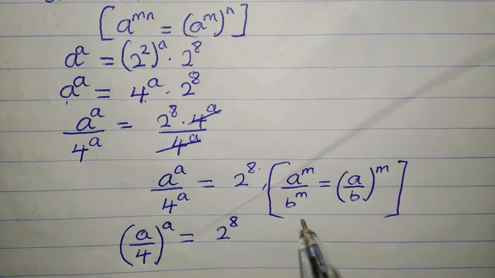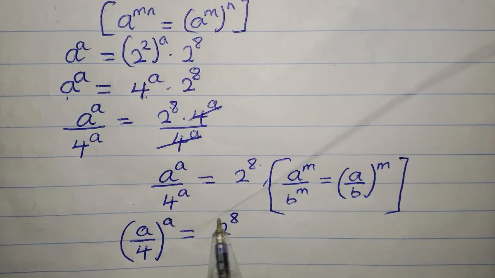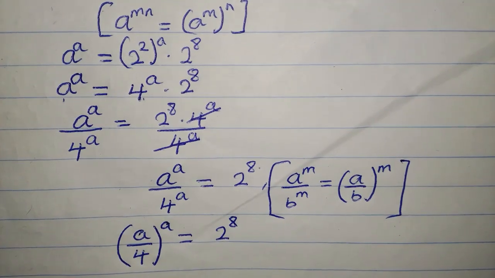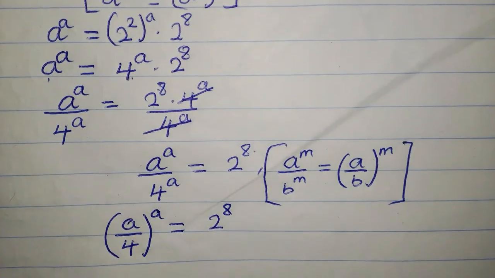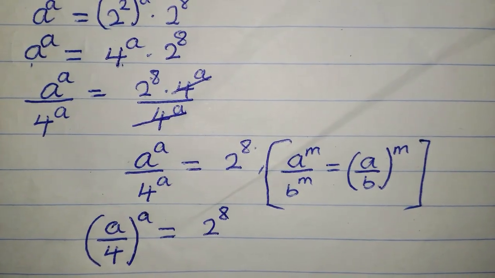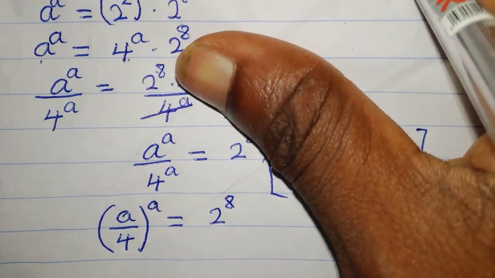What are we going to do again? We can write this in another form. Remember, we are looking for the possible value for a. So from here we solve further.